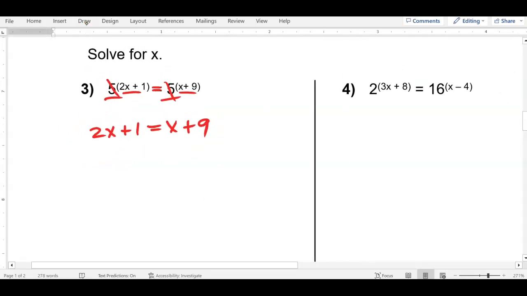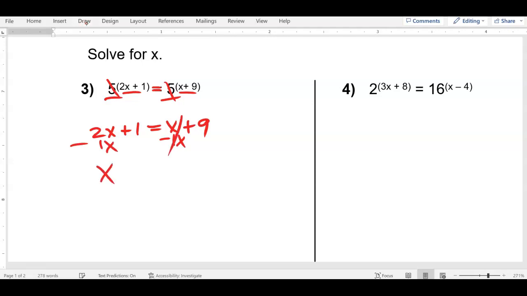When we have x on both sides, we want to get rid of the smaller x, which is this 1x. So the opposite of positive 1x is minus 1x. And I'm left with just x plus 1 equals 9. And then to get rid of that plus 1, I subtract 1. x equals 8.